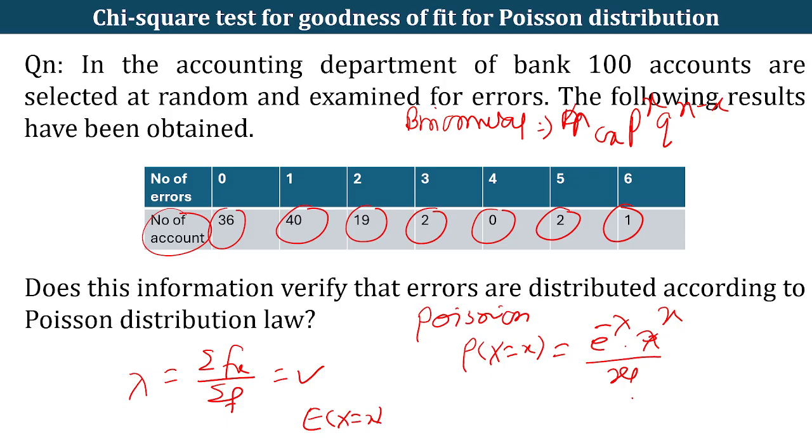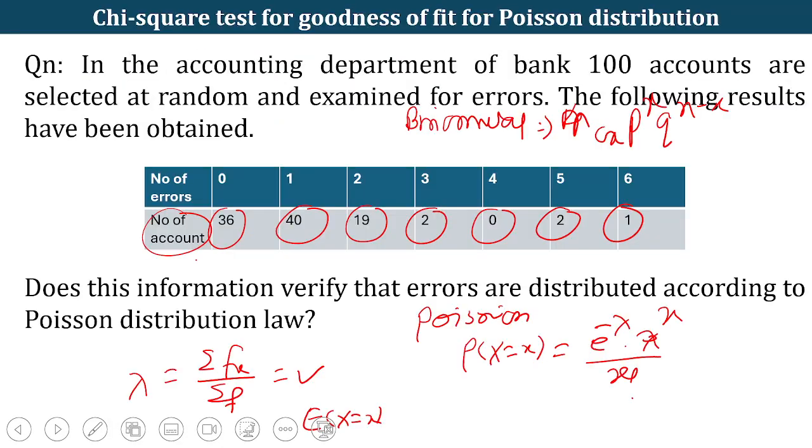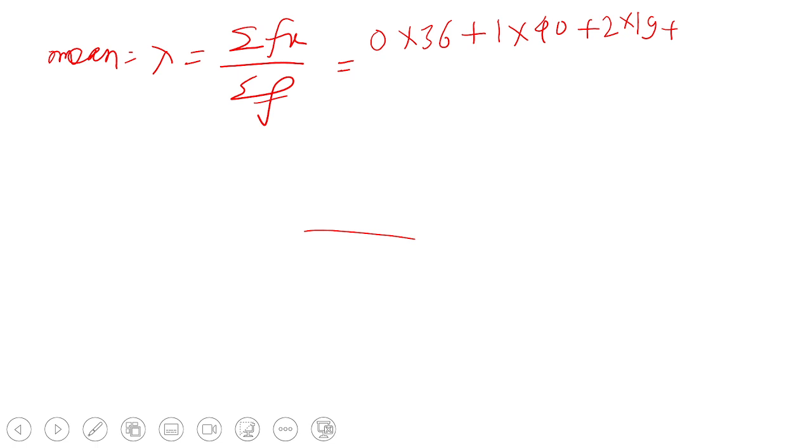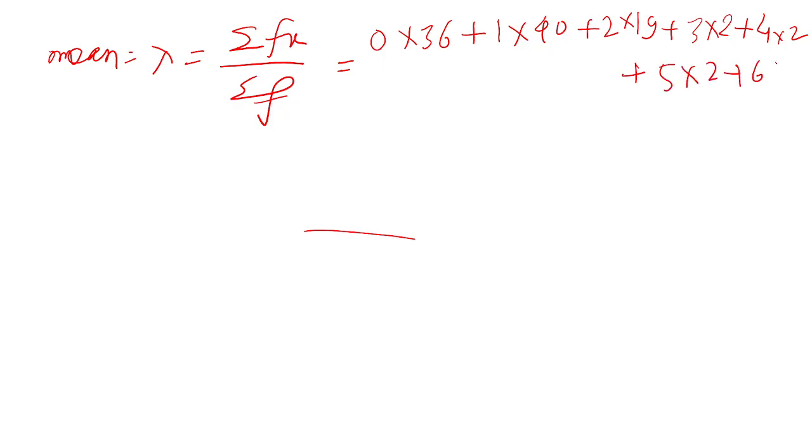So fx will be 36 into 0, plus 1 into 40, plus 2 into 19, then 3 into 2, and then 4 into 0, then 5 into 2, plus 6 into 1. Number of frequency, how much we have?